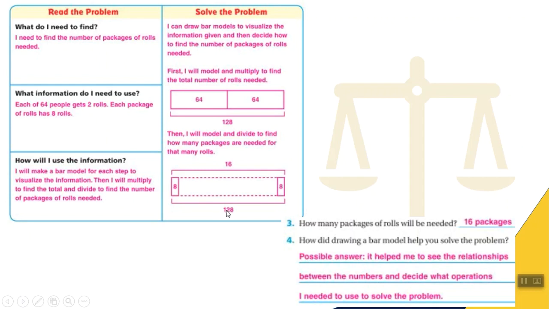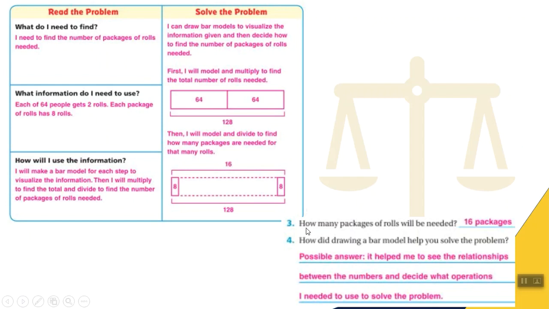So 128 divided by 8, if you do this division, you will get 16. 16 will be my answer. So I'll need 16 packages of rolls to feed 64 people.